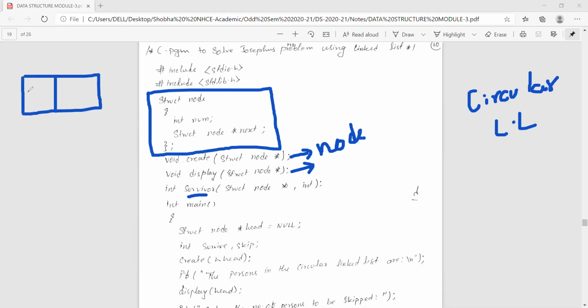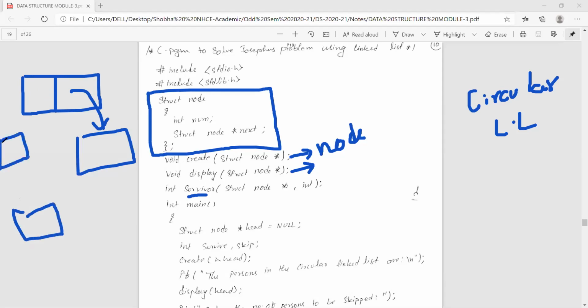It has a number, the first person, second person, as the data part, and a link to its next part. Suppose I have only four persons, then it will be like this. Among these four, if I want to choose a leader using Joseph's problem, I can do it.